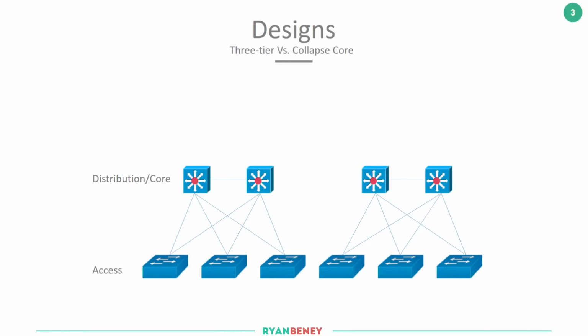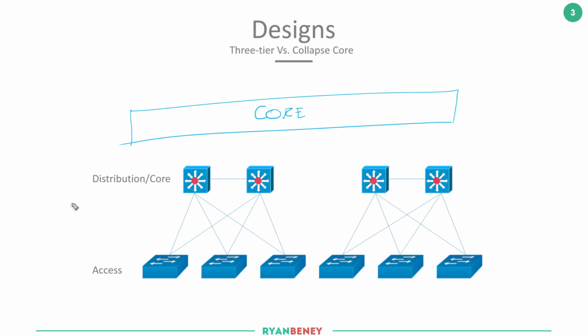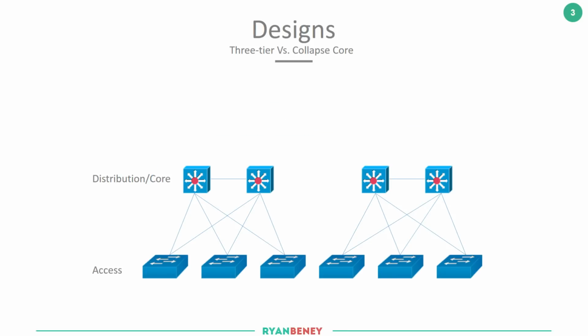Okay, so here we have a collapsed core design. First of all, you'll notice that all I've done is delete what was previously the core and relabel the distribution to be distribution/core.